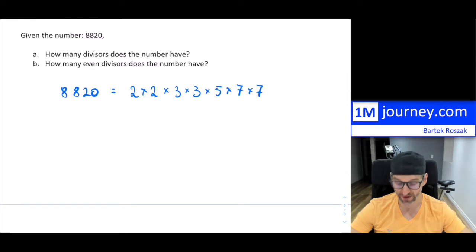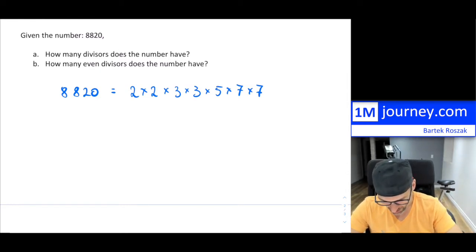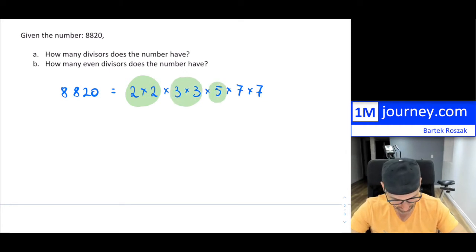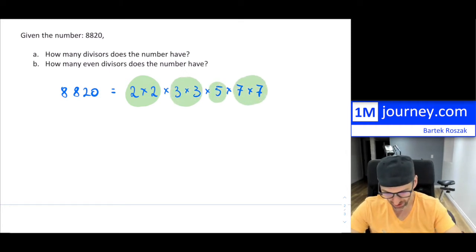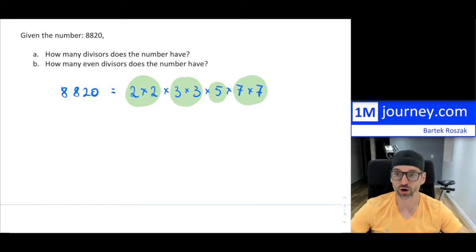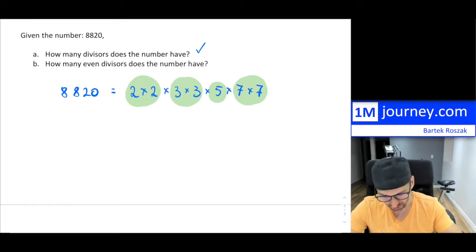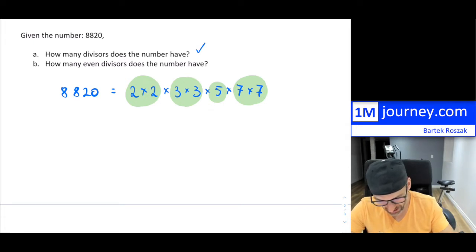Okay, so here's the prime factorization. What you notice is you have 2 2s, you have 2 3s, you have 1 5, and you have 2 7s. So in order to find all the divisors, all the divisors have to be some combination of these: 2s, 3s, 5s, and 7s. The rule is that when you have repeated items and you're choosing from these items, for example, there are 2 2s.